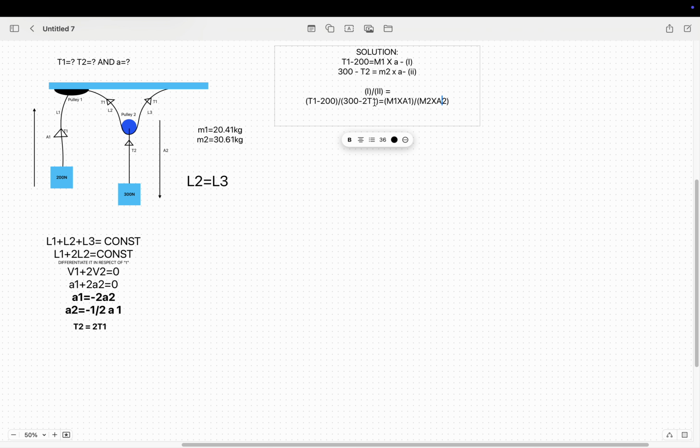Now A1 is equated to minus 2A2, minus is the direction and A2 is the value. So A2, it's 2A2, right?